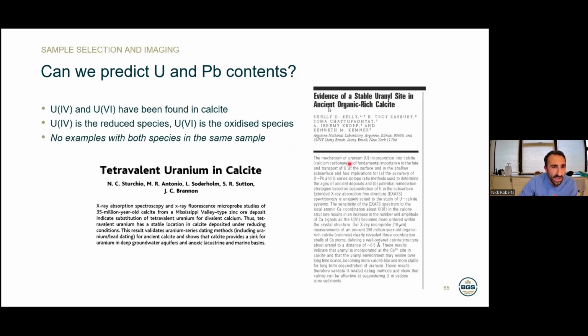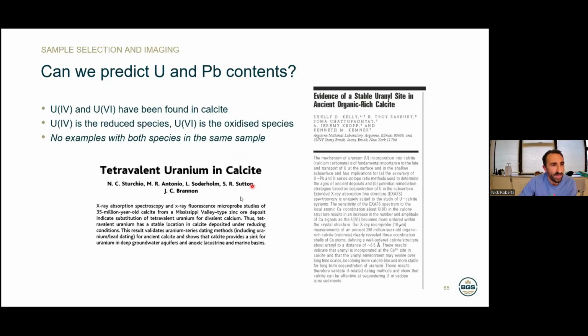So this slide has been in this talk for a version of this talk many years ago, and at the time there was very little work on this. These are quite old papers now, from the 90s and I think 2005, and they basically found that one study found tetravalent uranium in calcite. So uranium has several different common species, the most common in nature being uranium-4 and uranium-6.